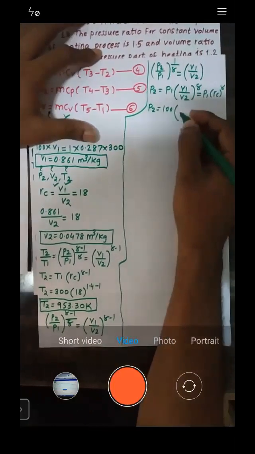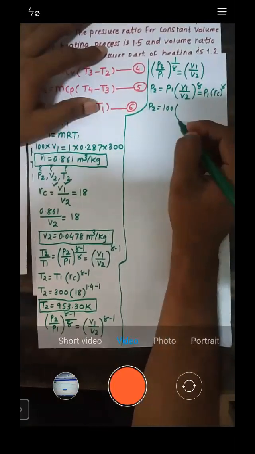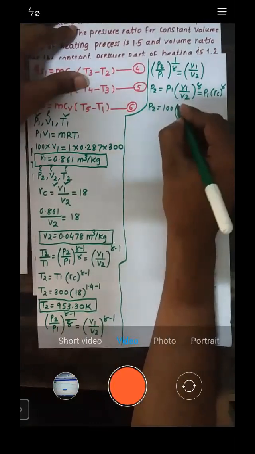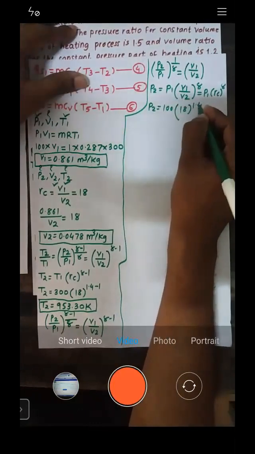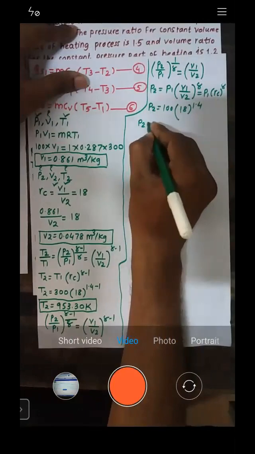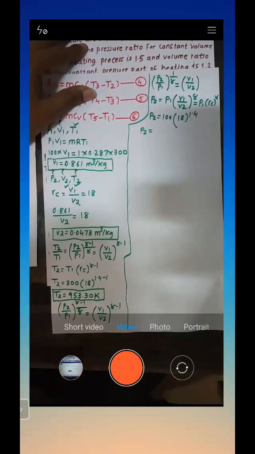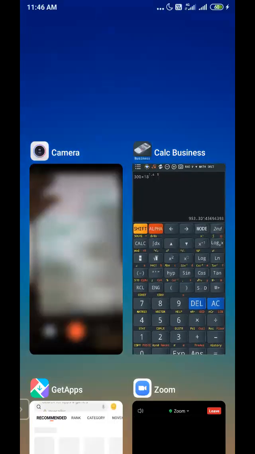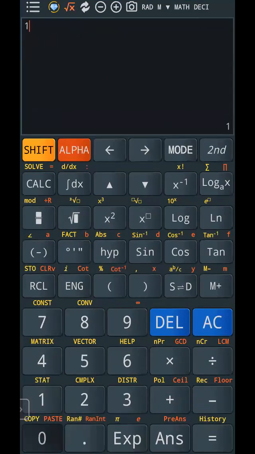RC is 18, gamma is 1.4. So the value of P2 is 100 into 18 raised to power 1.4, which is 5719.81 kilopascal.